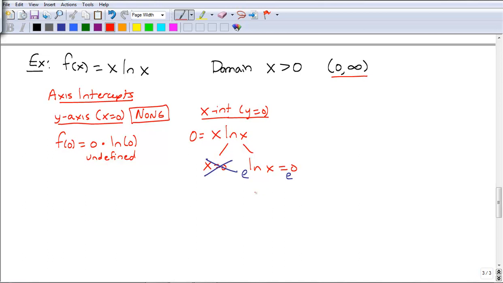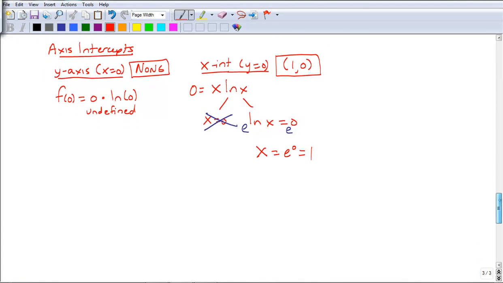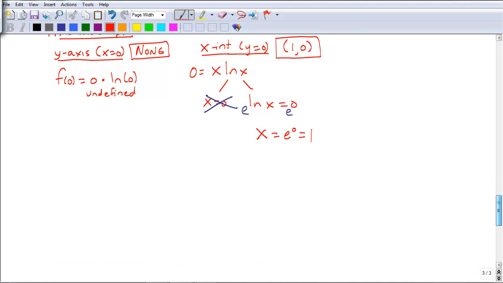E and natural log are inverses, so I just get x equals e to the 0, which is 1. So my x-intercept happens at 1, 0. So I found my axis intercepts by setting x and y equal to 0 in the original function.